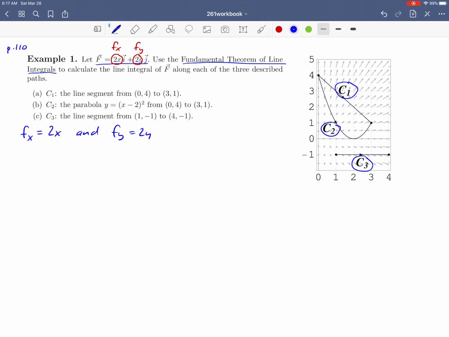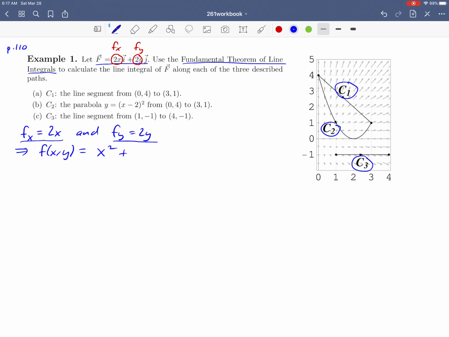We know that if there's a potential function, little f, its derivative with respect to x has to equal 2x, and its derivative with respect to y has to equal 2y. The question is, if those are the partial derivatives of the function little f, what is the function? We need a function whose derivative with respect to x is 2x.